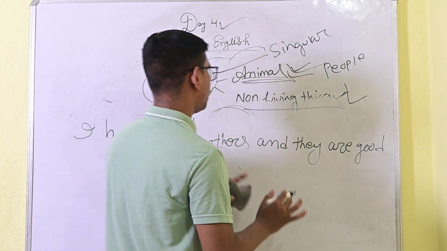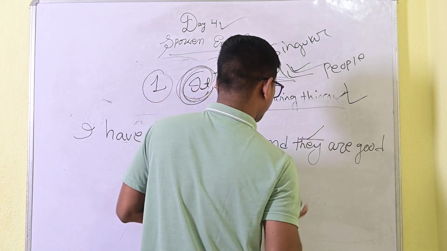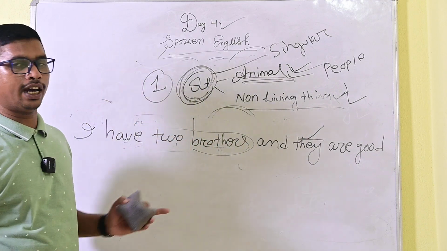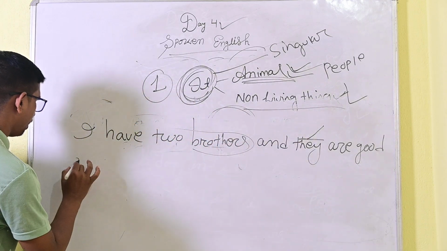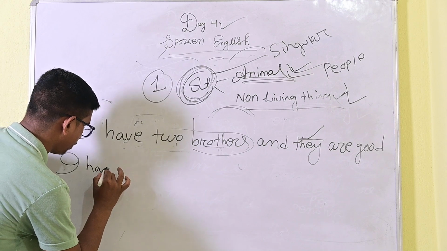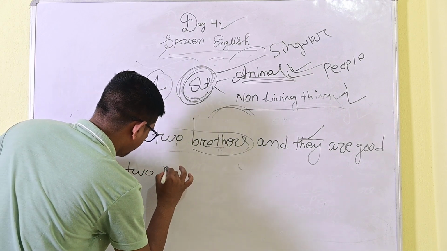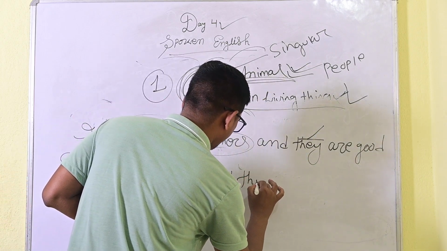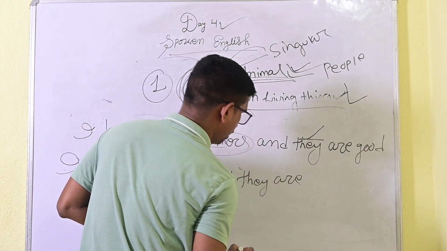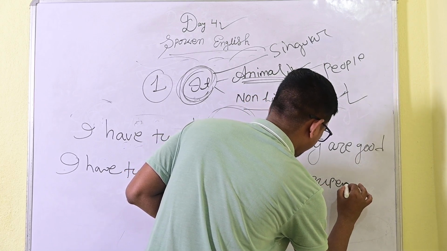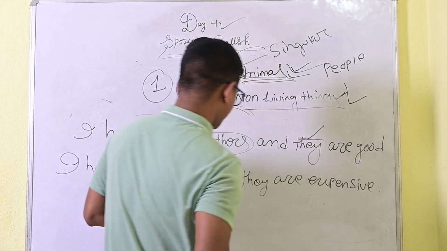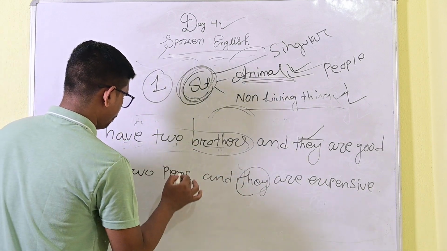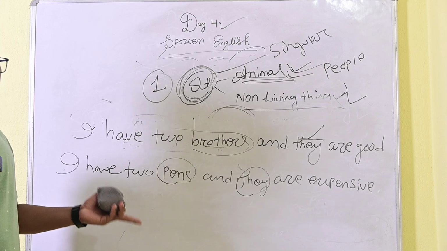They is used here for brothers. Brothers are living beings. Okay. I have two pens and they are expensive. They is used here for non-living thing because pen does not have life.